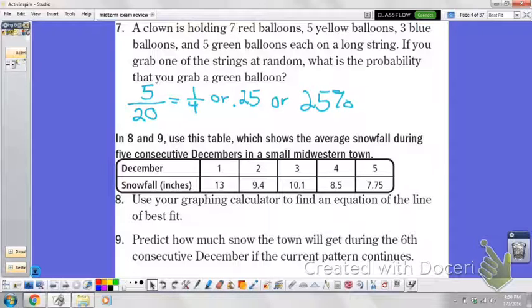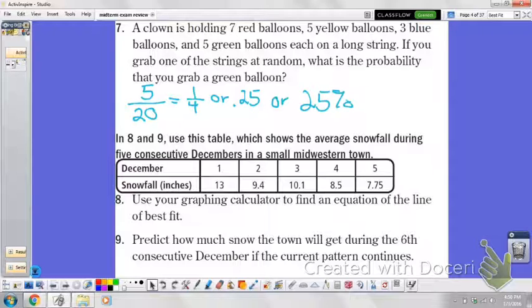In 8 and 9, we're going to use this table, which shows the average snowfall during 5 consecutive Decembers in a small Midwest town. So we have the 1st December and its snowfall, the 2nd December and its snowfall, and so on. We're going to use our graphing calculator to find the equation of the line of best fit.